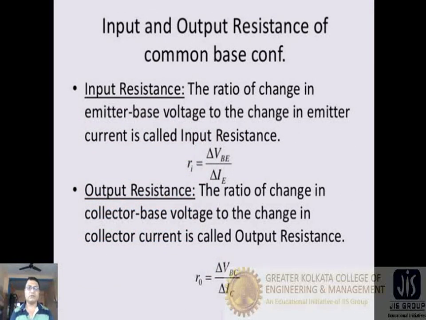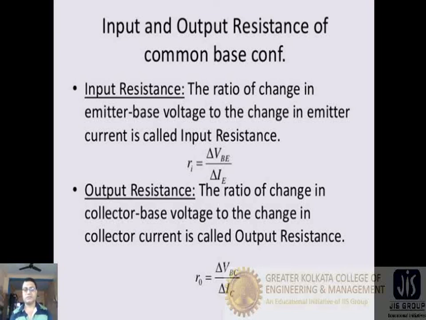Now we derive input and output resistance of a common base configuration. First comes the input resistance: the ratio of change in emitter to base voltage to the change in the emitter current is called the input resistance.